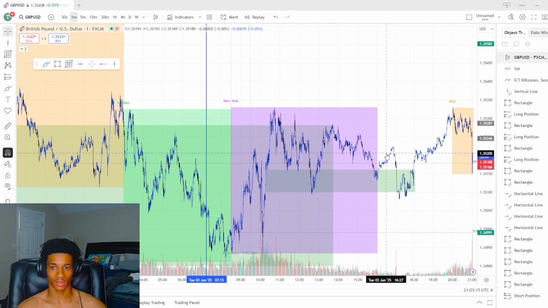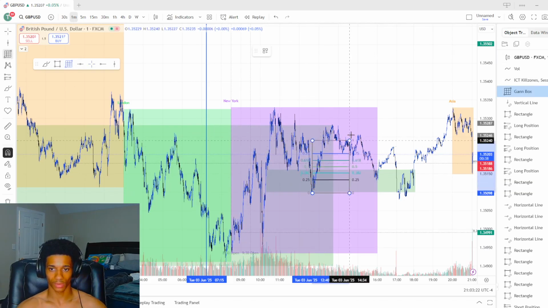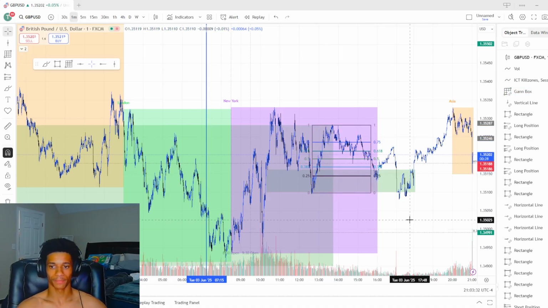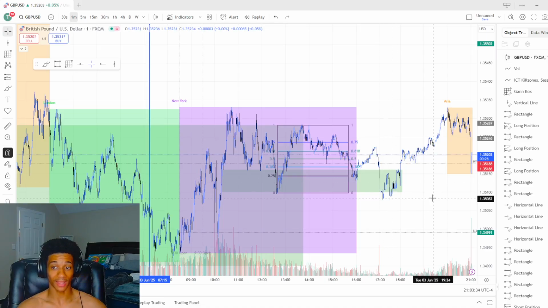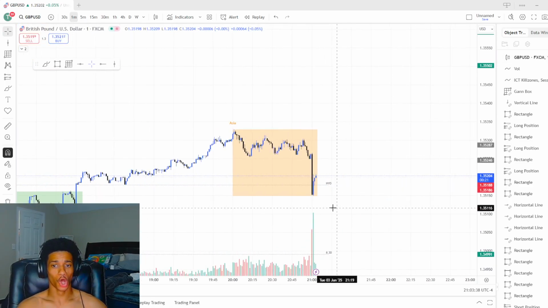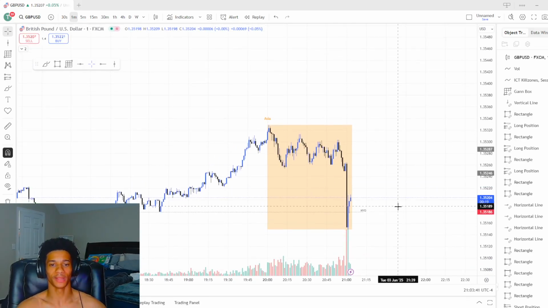Look at this, range trading, resetting back to equilibrium right here. Range trading, comes back to equilibrium, bounces back, comes back to equilibrium, even more so, really came into discount, pushed away, came back into this fair value gap again, pushed away, so we got a dump coming from Asia session.